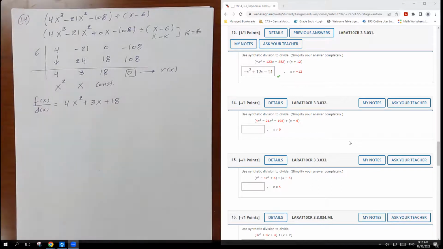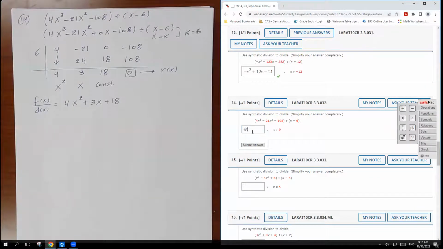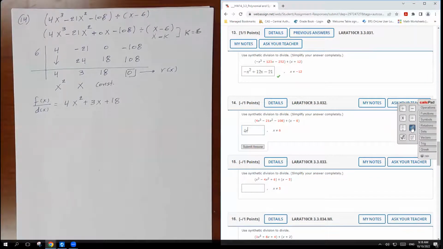That's it. So we're going to write down here 4x squared plus 3x plus 18. That's it for this example.